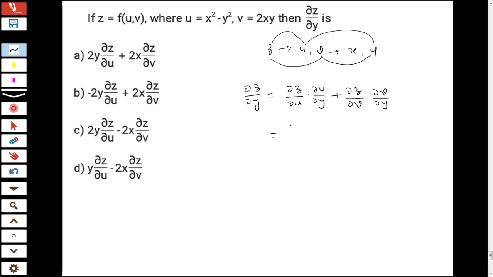That is, del z by del u will be kept as it is because we don't have z exactly in terms of u and v. Del u by del y will be minus 2y. Del z by del v as it is, and del v by del y is 2x. So it is simply minus 2y del z by del u plus 2x del z by del v. So option B is the answer.